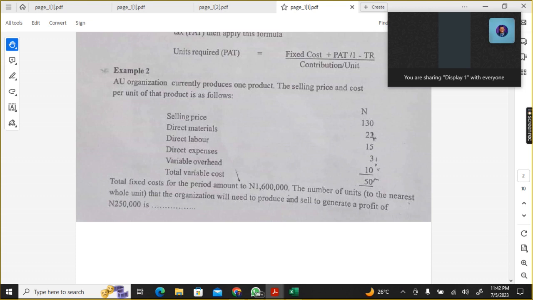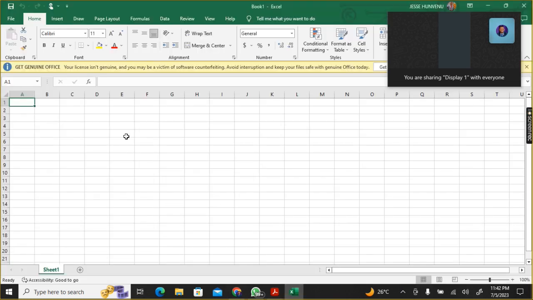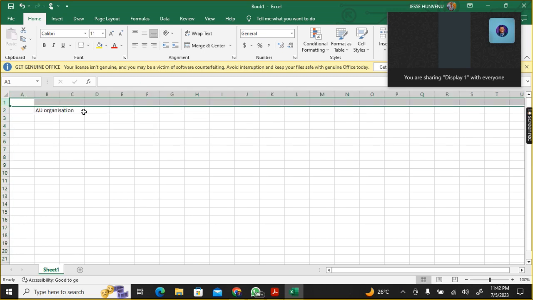They have given us all the variable costs, so we just need to calculate our contribution per unit.